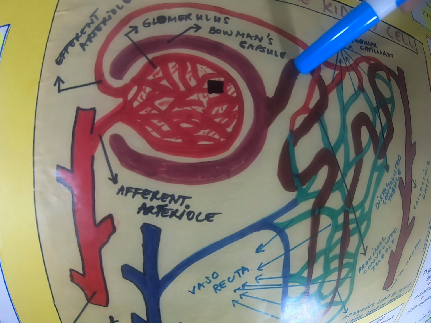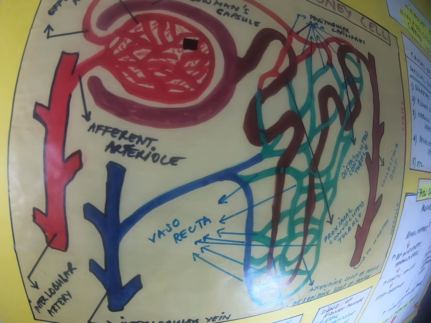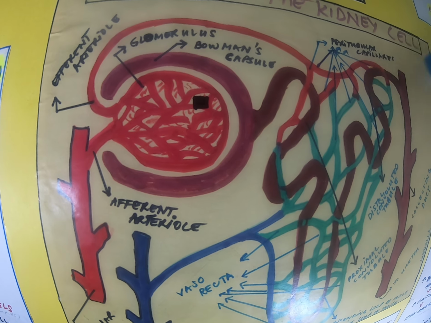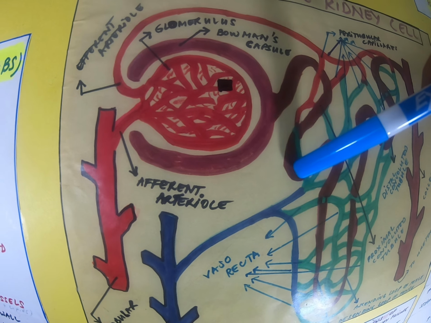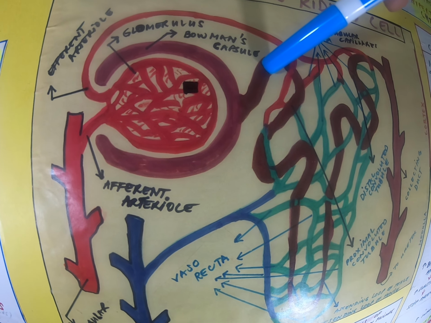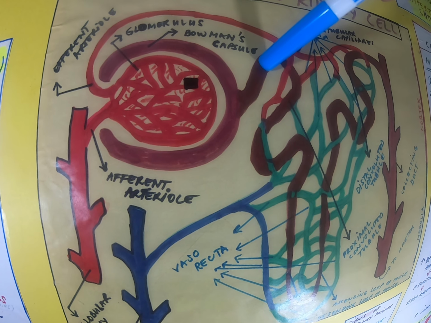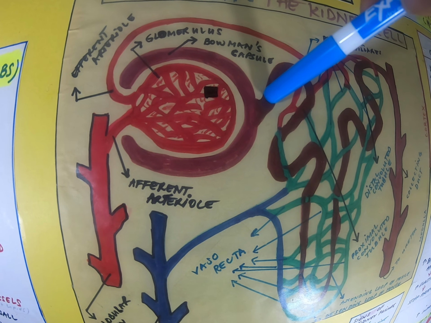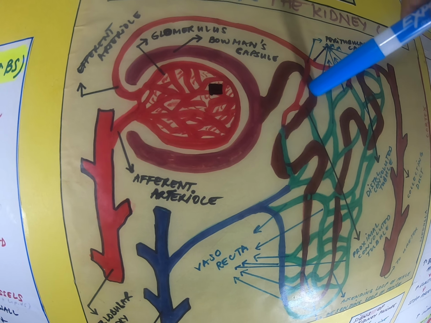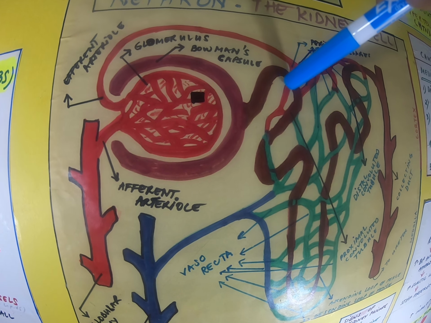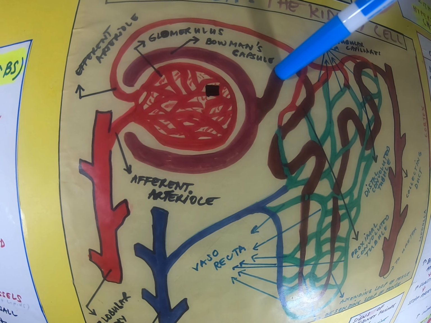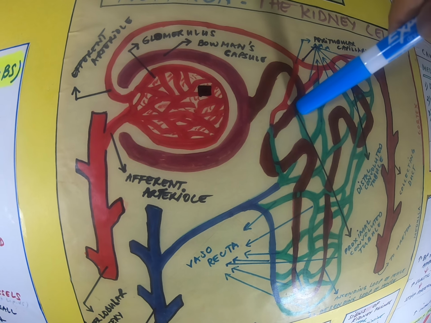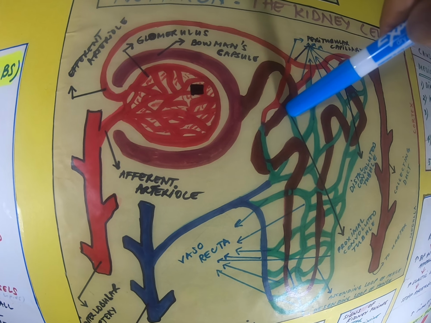They enter the proximal convoluted tubule, and in this part the electrolytes, glucose, amino acids, and other particles are absorbed. Bicarbonate is also absorbed, 90%, and there's a secretion of hydrogen ion here.